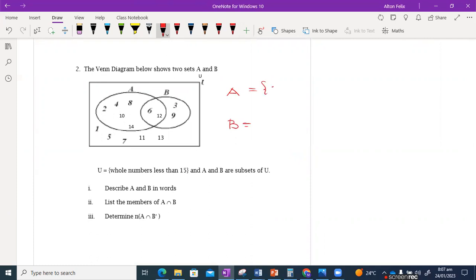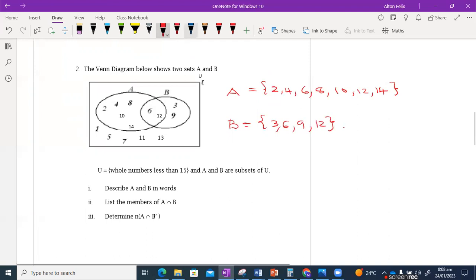A consists of the numbers 2, 4, 6, 8, 10, 12, and 14. Set B consists of the numbers 3, 6, 9, and 12.